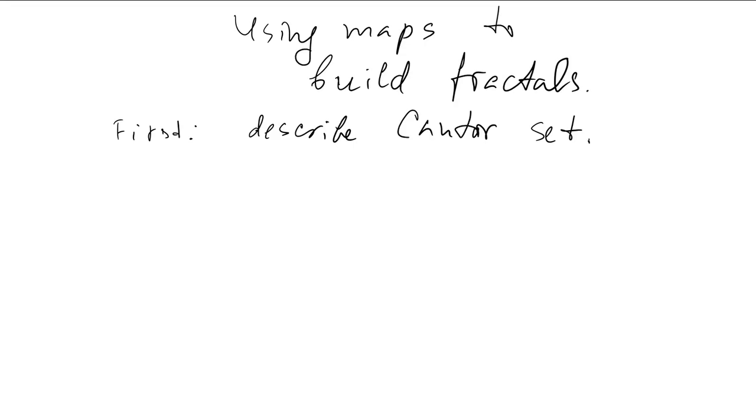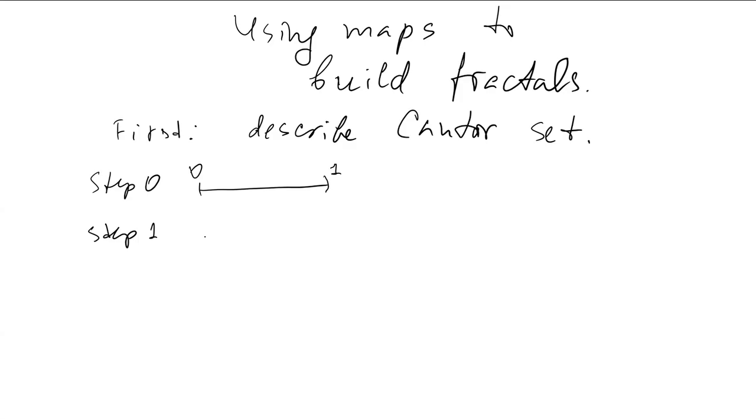So let me remind what the Cantor set is. At step 0 we have a segment from 0 to 1. Let's correct it: we will consider all numbers from 0 to 1, excluding 1.